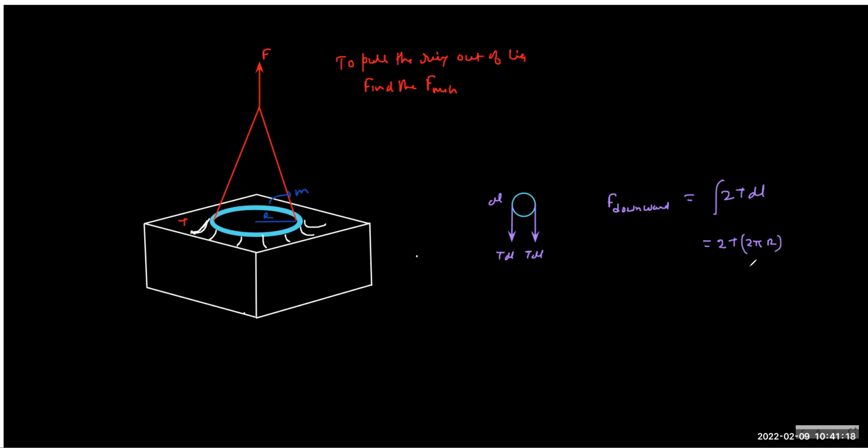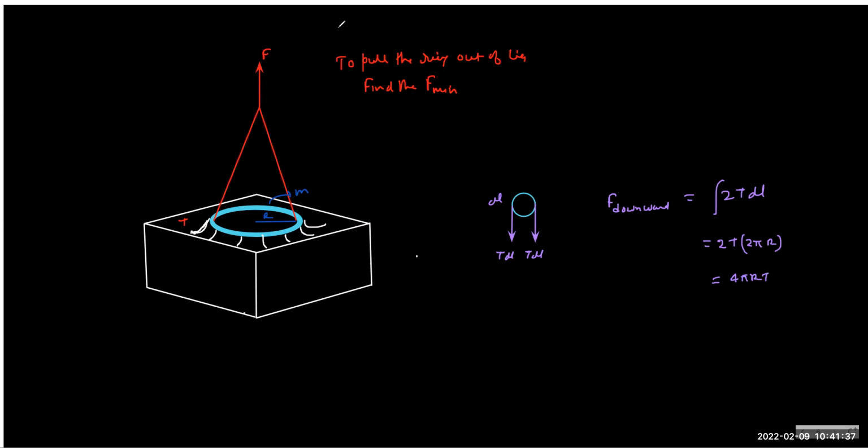Understood? The inner ring radius and outer ring radius are the same because this ring is thin, not a thick ring. So the maximum downward force possible is 4 pi R T.